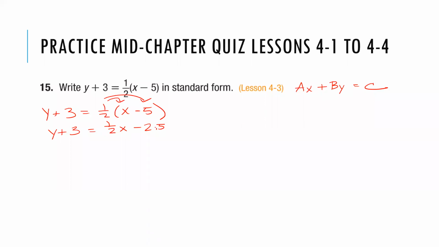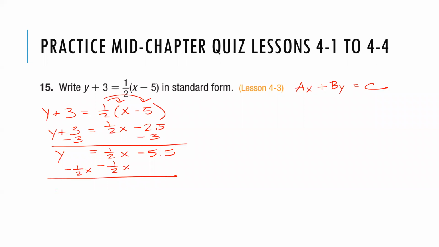Then we want to get x and y on the same side. I'm going to subtract 3 from both sides, so I have y is equal to 1/2 x, and then negative 2.5 minus 3 is negative 5.5. Then I'm going to move my x to the other side of the equation. Remember we want x first, so this would be negative 1/2 x plus y equals negative 5.5.